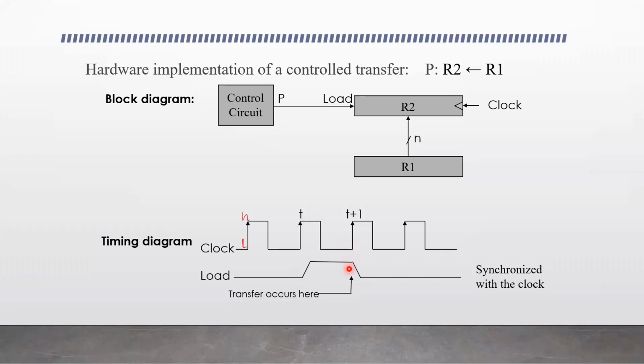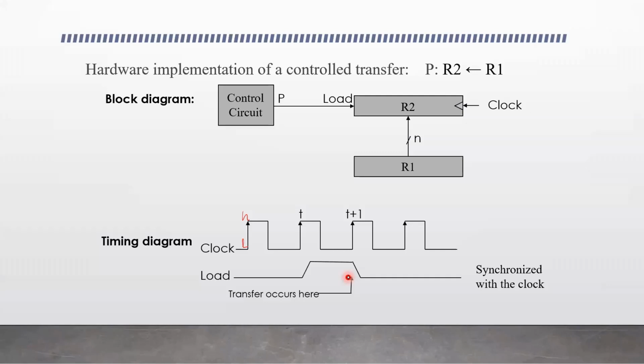At the end of the cycle, it is observed that at time t plus 1 the value of p is high. And at this particular point, the operation happens. This initiates the operation. These operations are controlled by control variables.